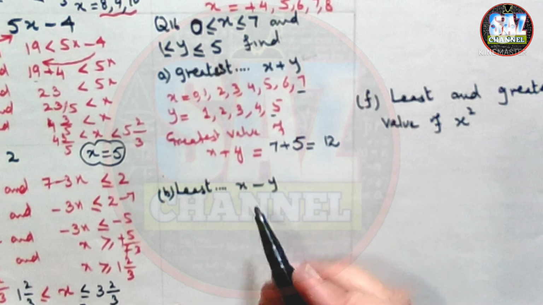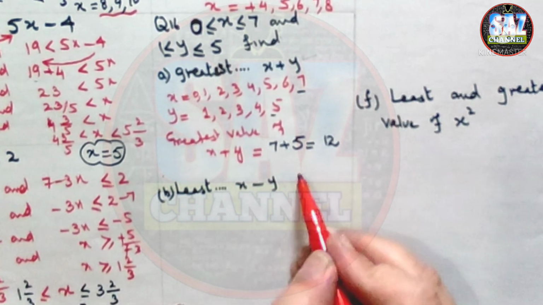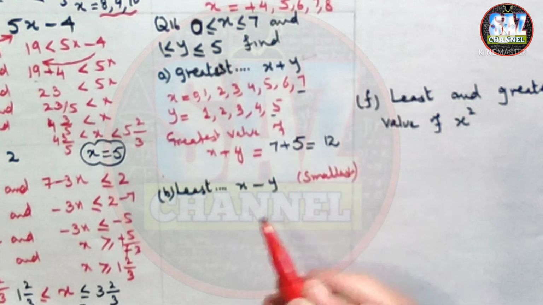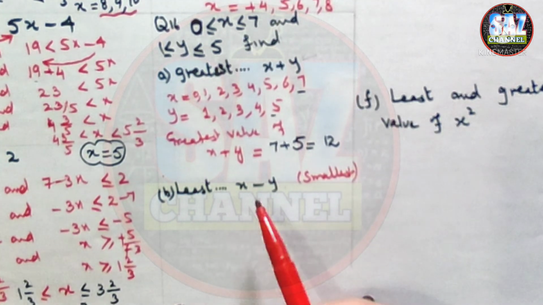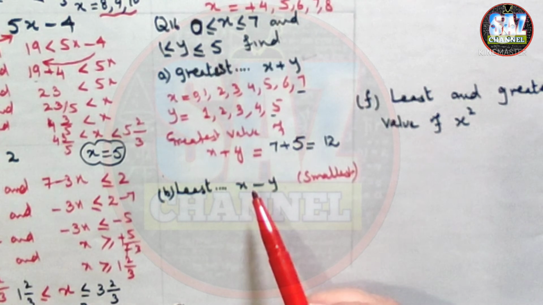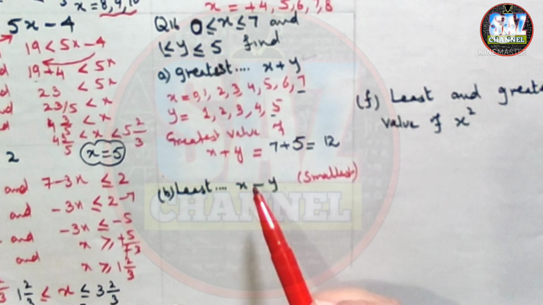Coming to the second part, that is the least or smallest. Least means the smallest value. So we know that to find the smallest, with a negative number the largest answer will give me the smallest answer.